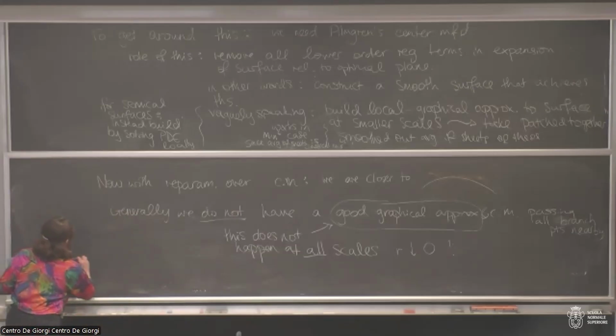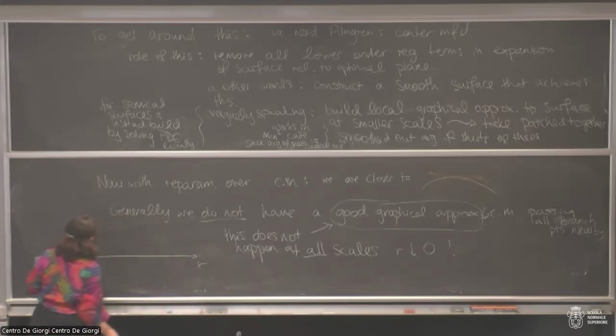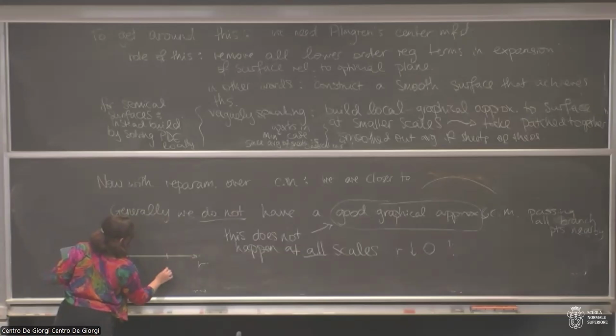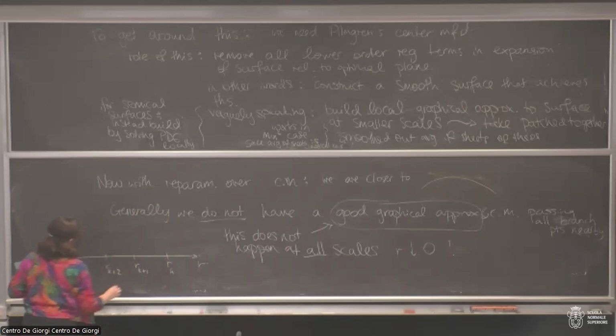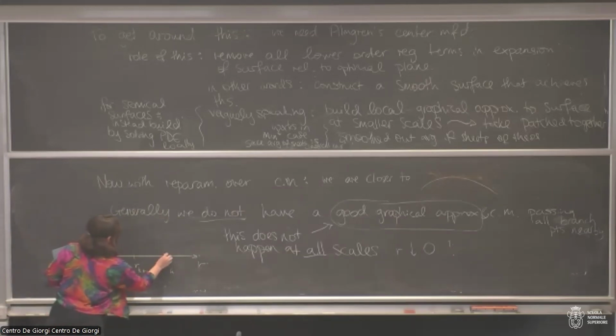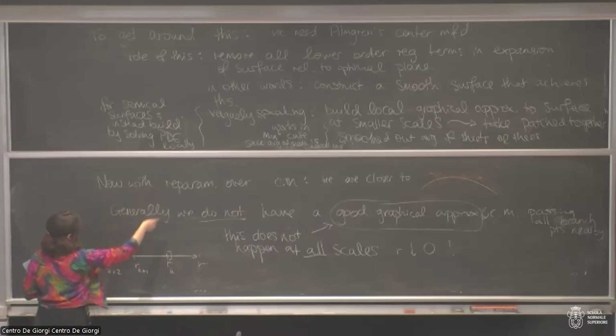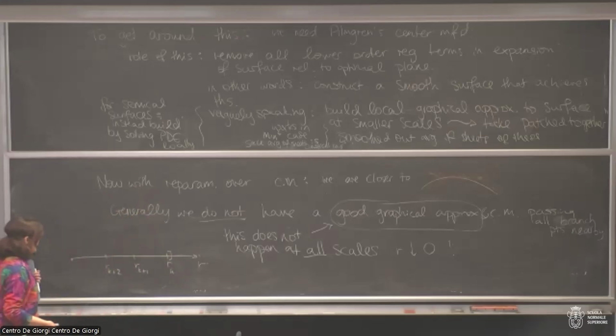But if this is your radial scale, in general what happens is maybe you have your sequence R_k, and so on. And so somehow you can start building near here, you can start doing this whole procedure with this center manifold.